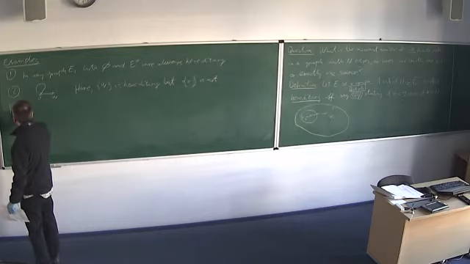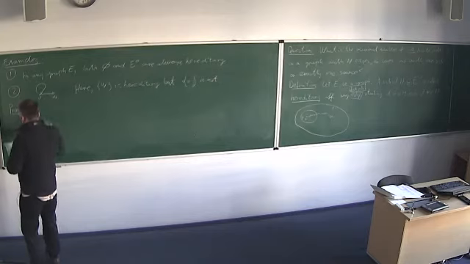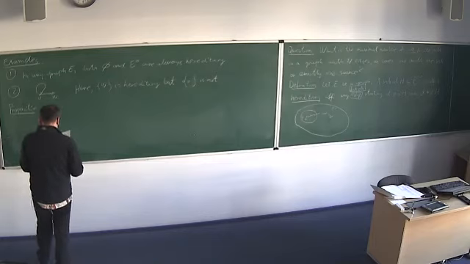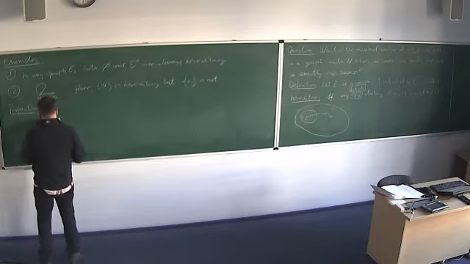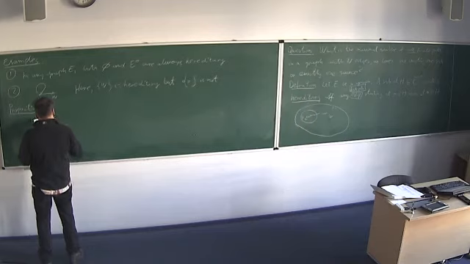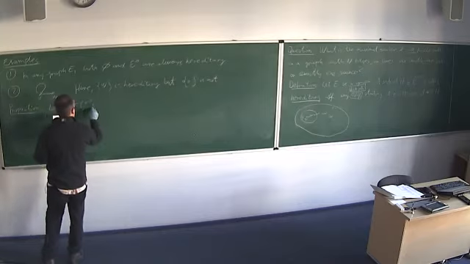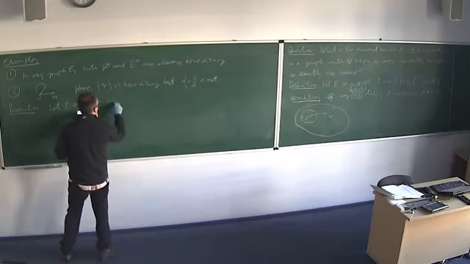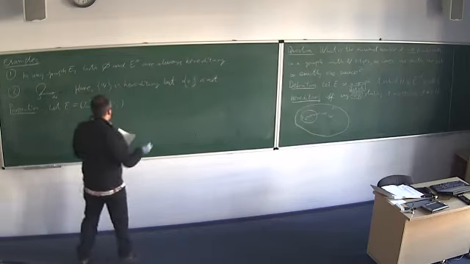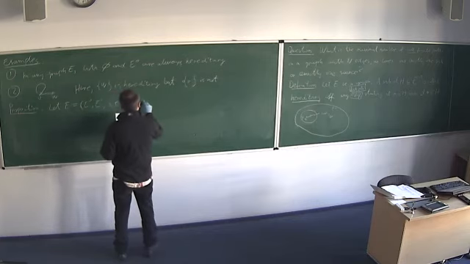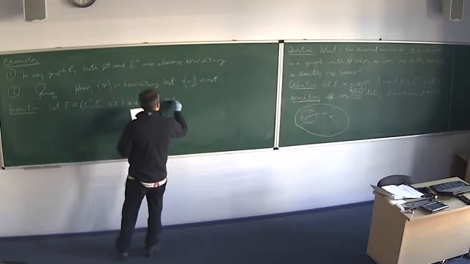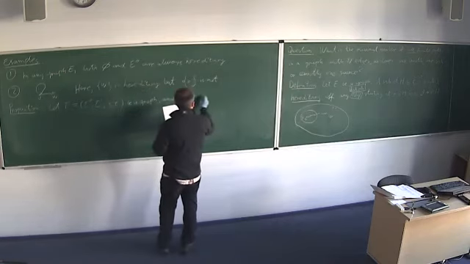So let me phrase it as a proposition. Okay, so let E, which I now will write down explicitly as the quadruple E0, E1, S, and T, be a graph and let H be a subset of E0.